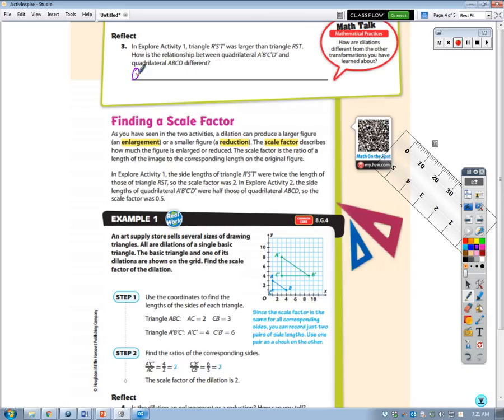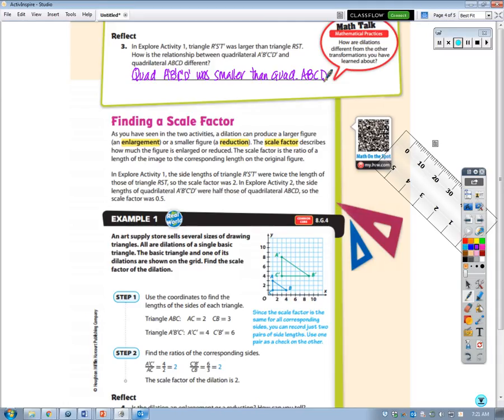So we're going to say quad A prime, B prime, C prime, D prime was smaller than quad ABCD. And that's all we're going to say.